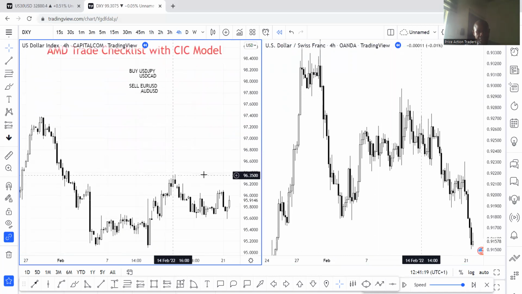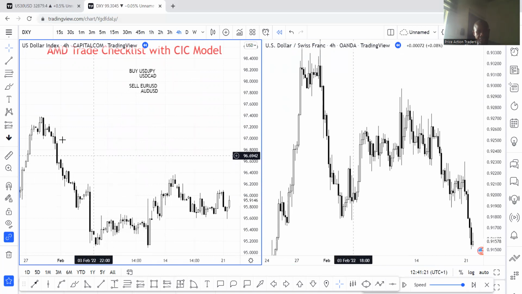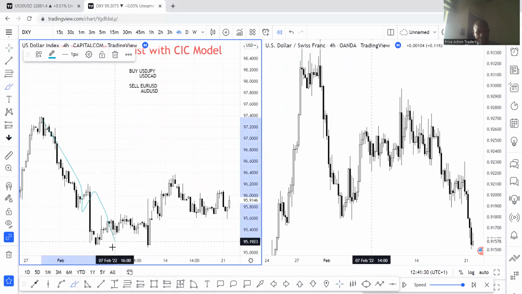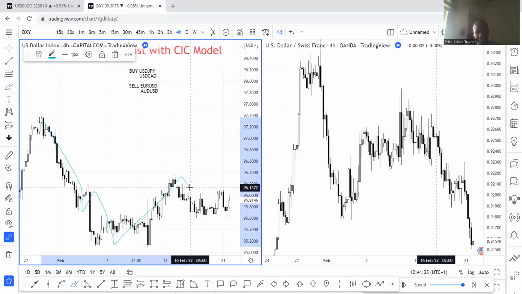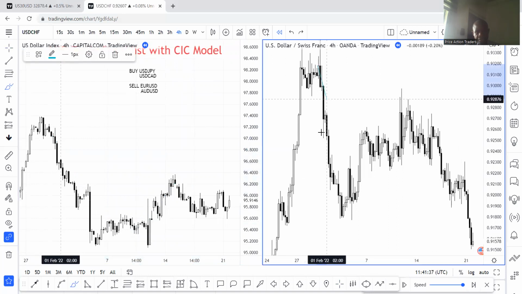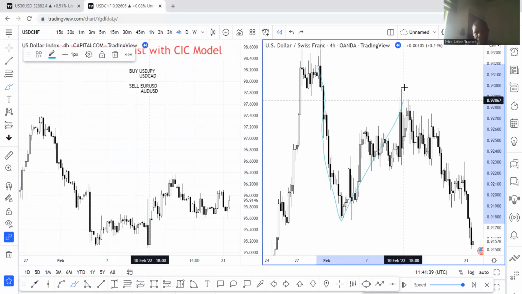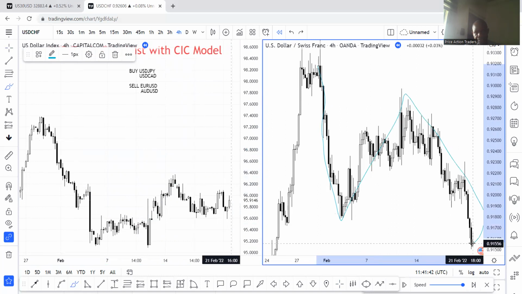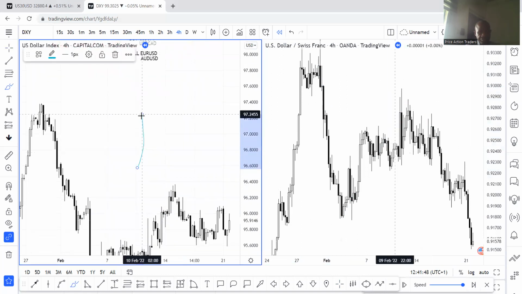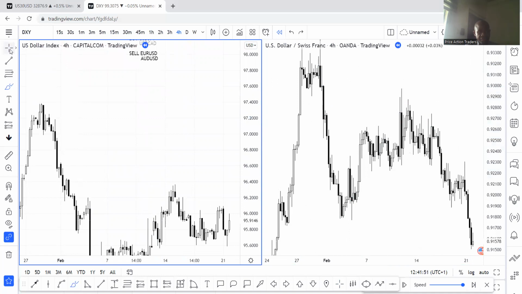We are having lower high, lower low, lower high, lower low, and the same thing we are having in here. They were initially moving in the same direction.